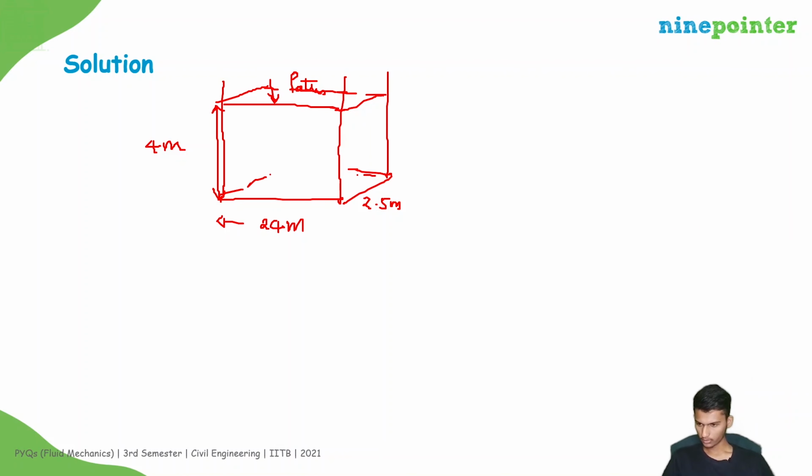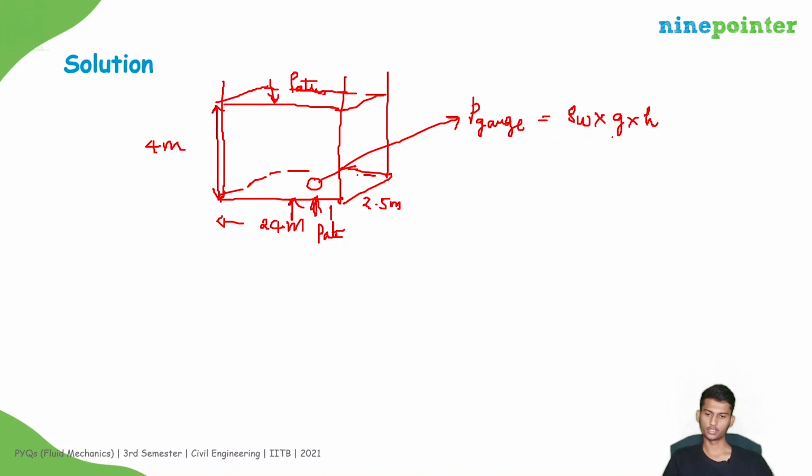So see the pressure at the bottom, the gauge pressure will be rho W G into H, right? Density of water is 1000 into G is 9.81 into H is 4 meters. So the value will be 1000 into 9.81 into 4, which equals 39240 pascals, right?